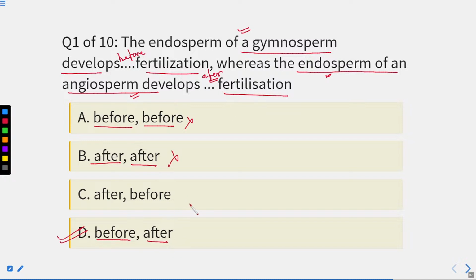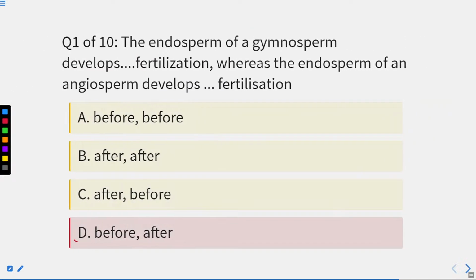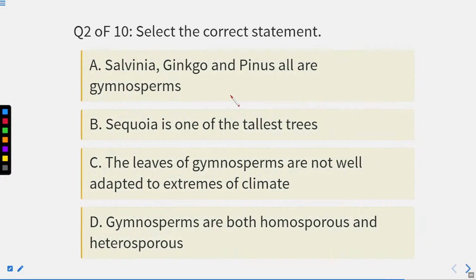So D is the correct option. This is also incorrect, after and before, right? So the correct is before. The endosperm of the gymnosperm develops before fertilization, whereas the endosperm of an angiosperm develops after fertilization.